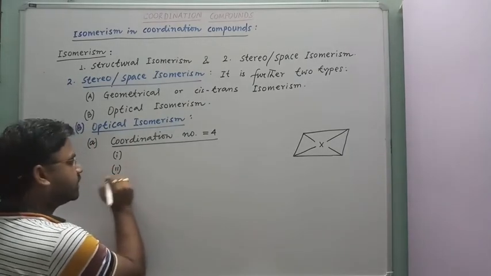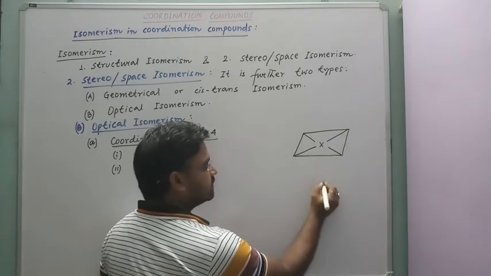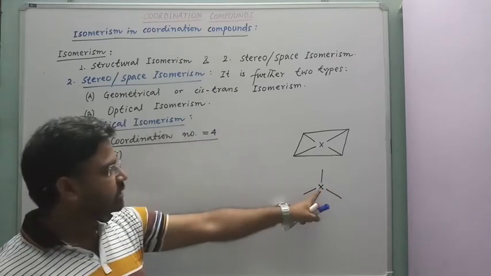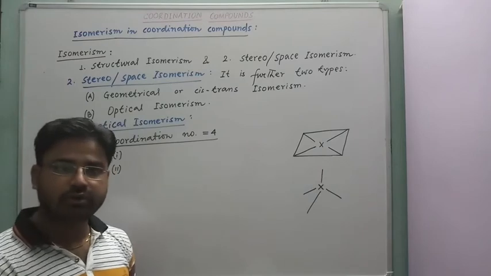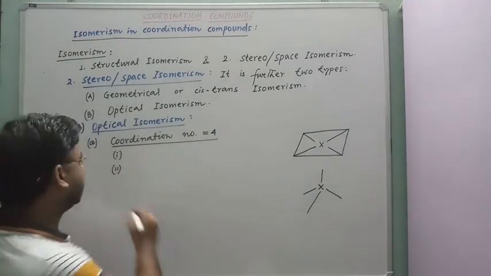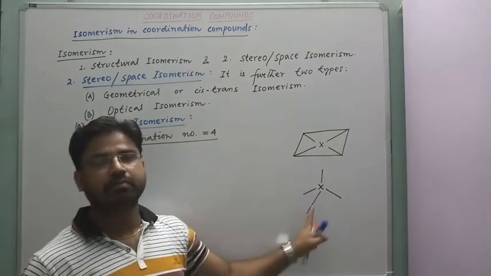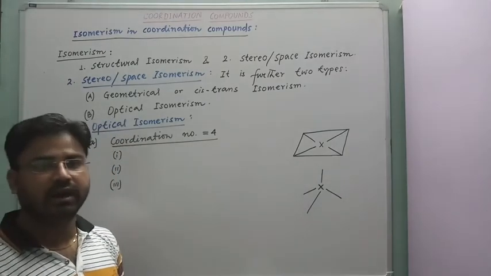Number 2, tetrahedral complex. So central atom X, 1, 2, 3, 4. So tetrahedral complex with 4 different ligands also does not show optical activity. Number 3, only tetrahedral complexes with unsymmetrical bidentate ligand.